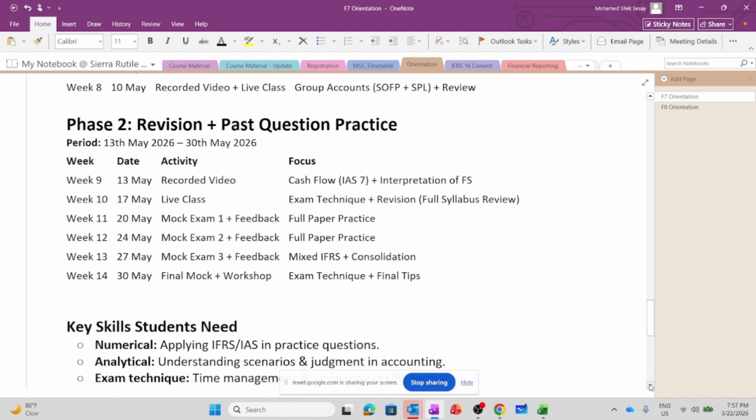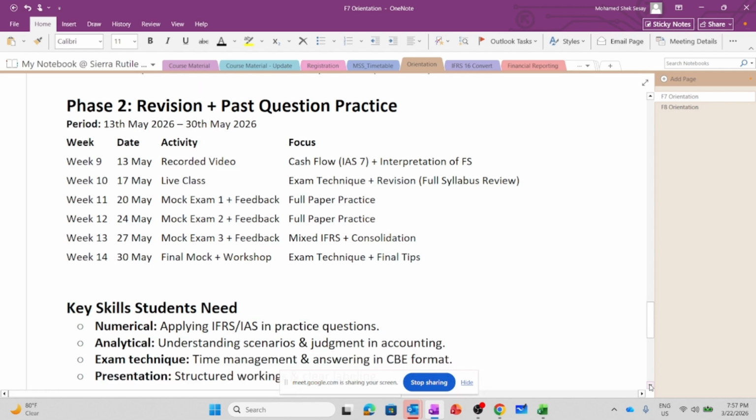On the last day, the 30th of May, we are going to have a WhatsApp discussion where we discuss the key concepts, look at some exam technique, and form a workshop where we can discuss further and prepare the mindset for the examination. So basically, this is how we are going to walk through the financial reporting session for the June 2026 examination.